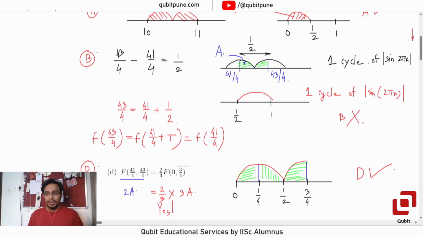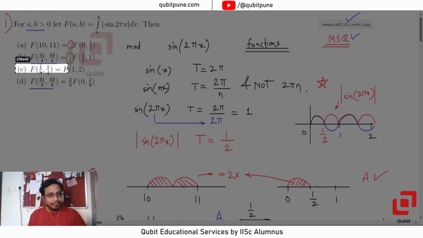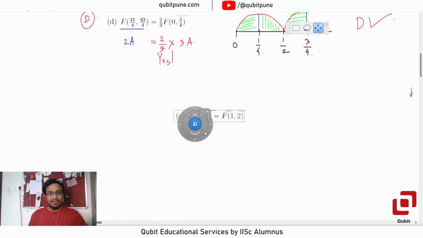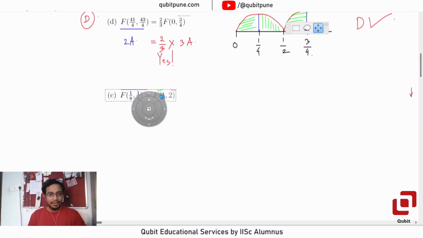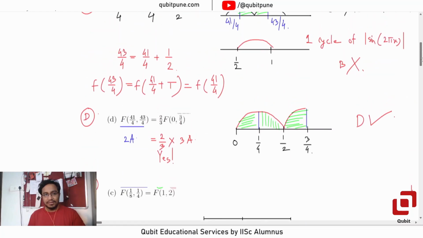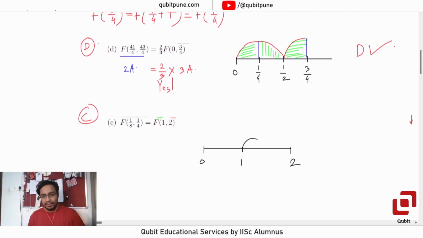Okay. Let's now go finally to option C. Now you clearly see that C is not right because look here, 1 to 2 basically covers 2 cycles. Correct? 1 to 2 is covering 2 cycles because period is half.